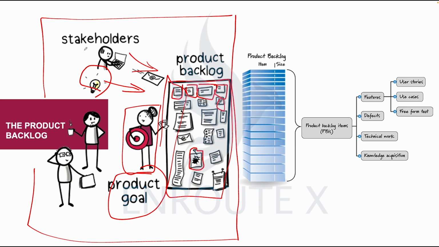So we could see different stakeholders sending their different requirements. So one could be from a department of sales, another could be from finance. Each one has different specific requirements that they want. But the product owner is also in charge of the product goal. Every product must have a product goal, just as I made reference earlier in previous classes that every sprint must have a sprint goal also.